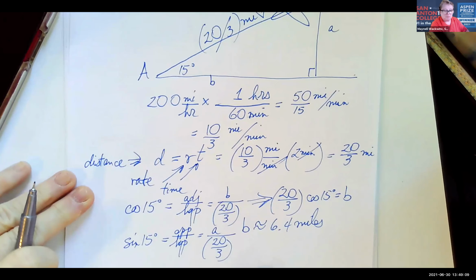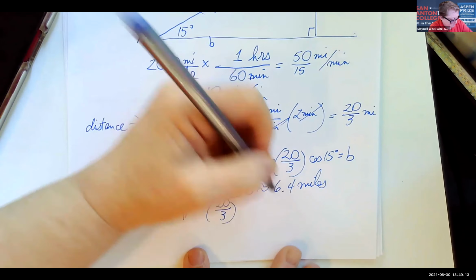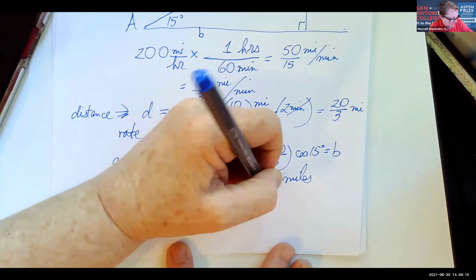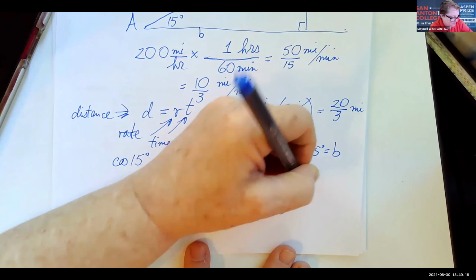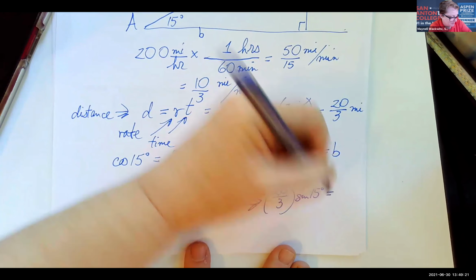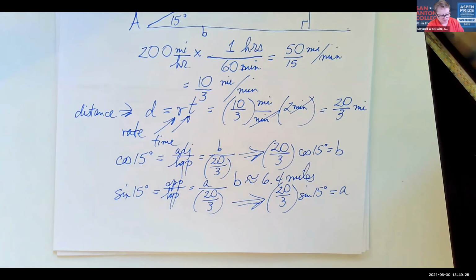And again, we're going to multiply both sides by 20 over 3. So we have 20 over 3 times the sine of 15 degrees. That will be a exactly, and we're going to approximate to 1 decimal place.